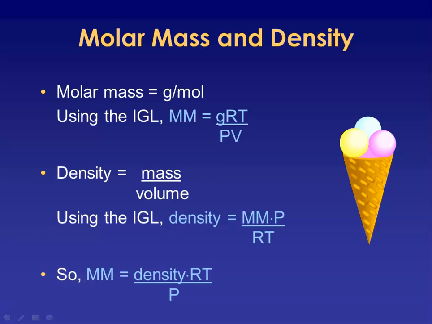Or if you aren't given a mass, but you are told the identity of your gas, you can rearrange the M&M equation for ideal gas law and solve for density by taking, since mass over volume is our density, we can take that component out of the M&M equation, and density would be equal to the pressure times the molar mass of your gas divided by the constant and its temperature. So with all of that in mind, if you were given a density, you could use that density to calculate molar mass.